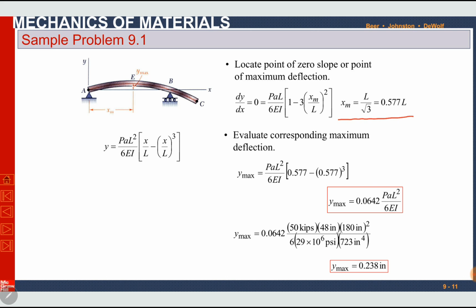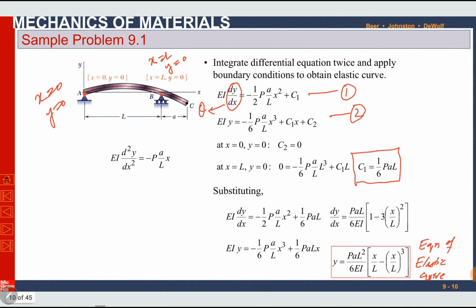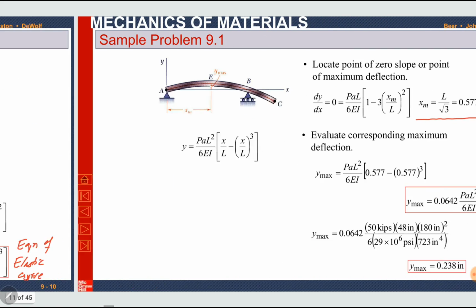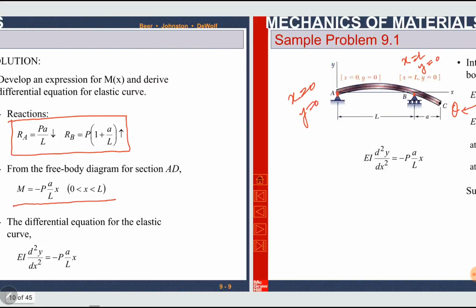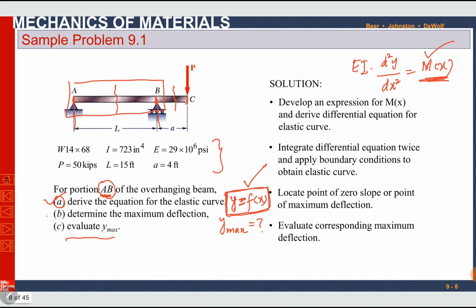This is the value of x, 0.577 L, for which y must be maximum. By putting this value of x in the expression of y, we can get y maximum, which is 0.0642 PAL square divided by 6EI. This is the general expression of y maximum, which was required in part B.